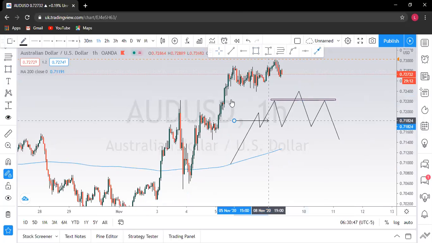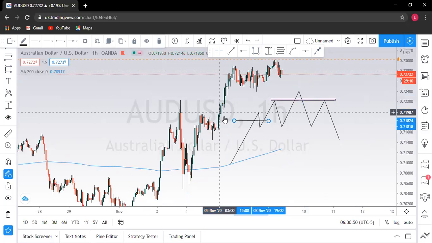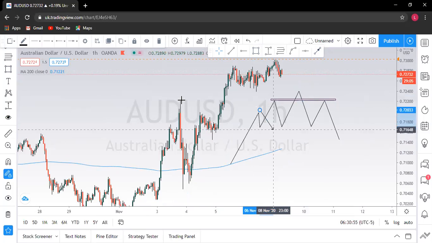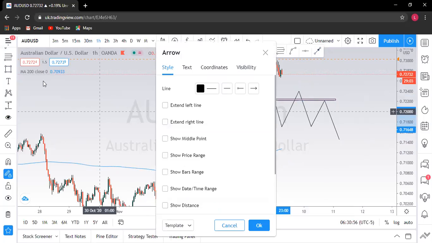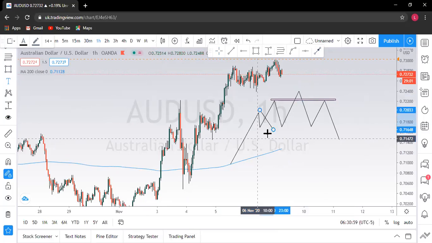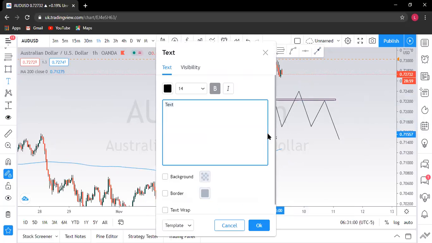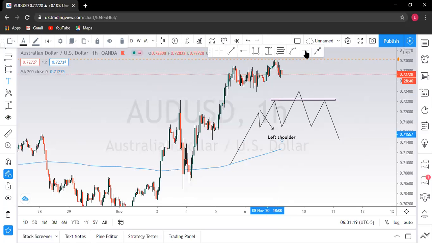This is called the left shoulder. While this is called the head.